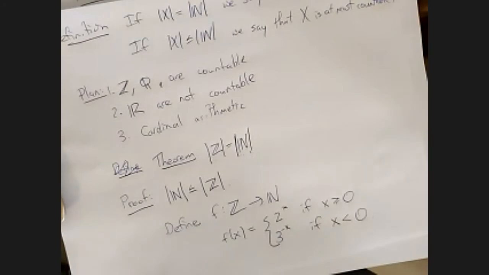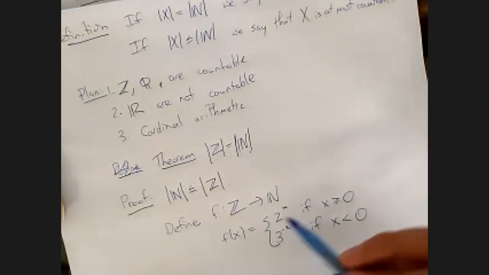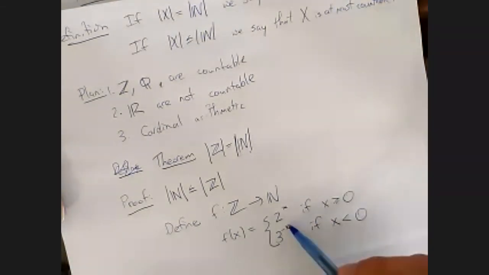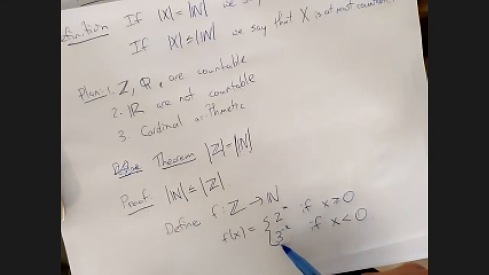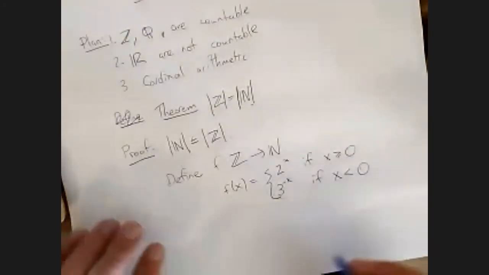And this gives you a one-to-one function from the integers to the natural numbers. So f gives you a natural number whenever x is negative: f of minus 1 is 3, f of minus 2 is 9, and so on. And f of 0 is 1, f of 1 is 2, f of 2 is 4, and so on. So this gives you a one-to-one function from the integers to the natural numbers.